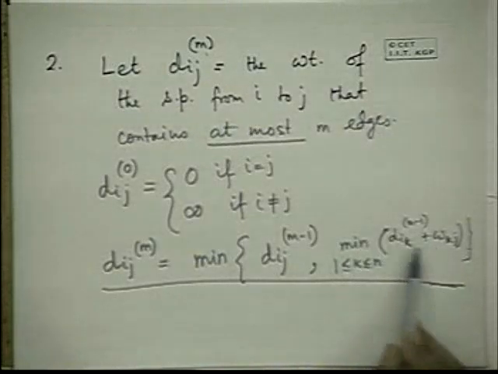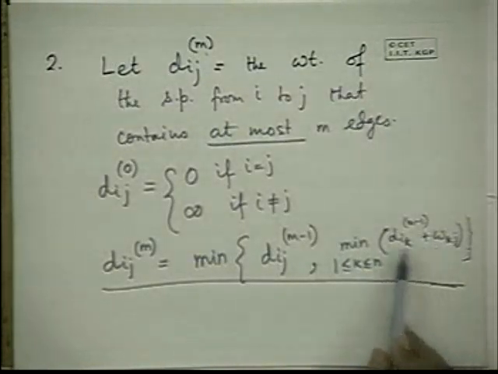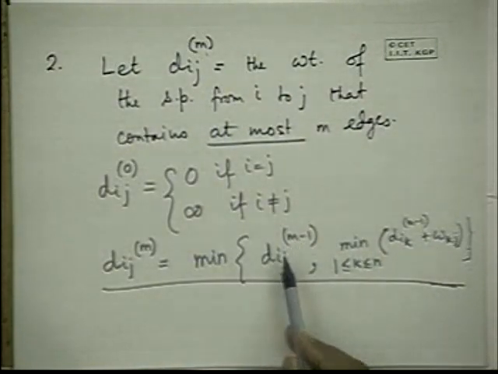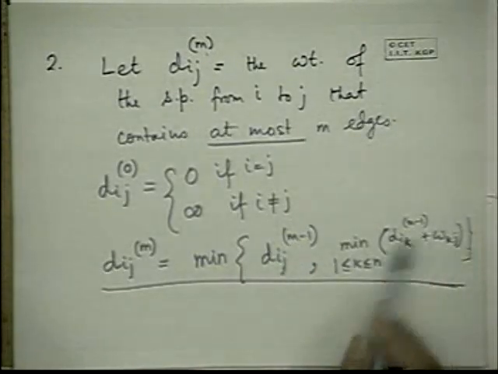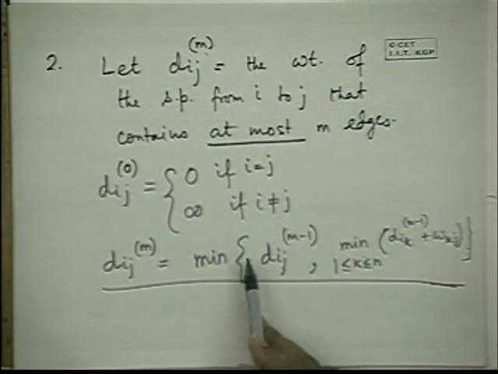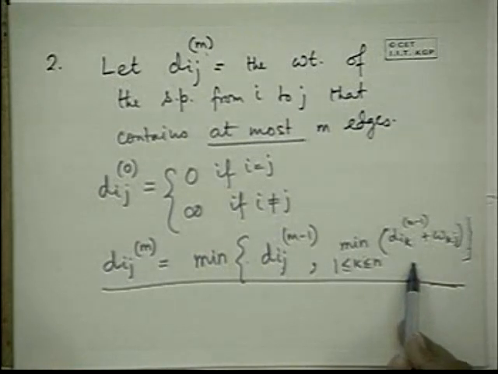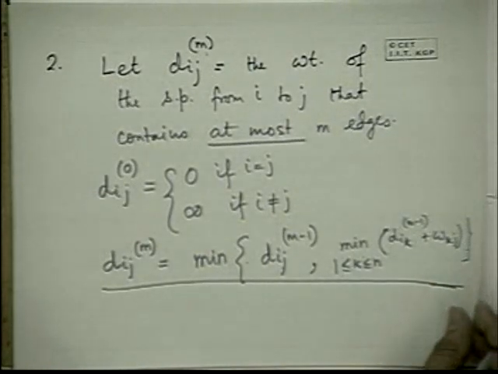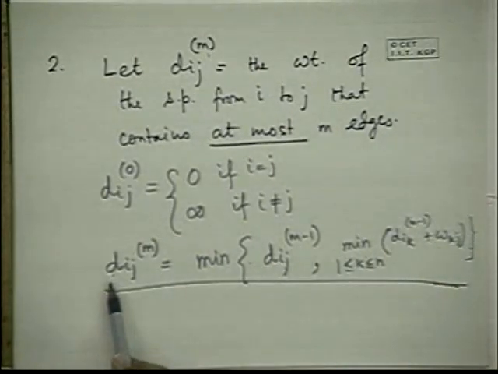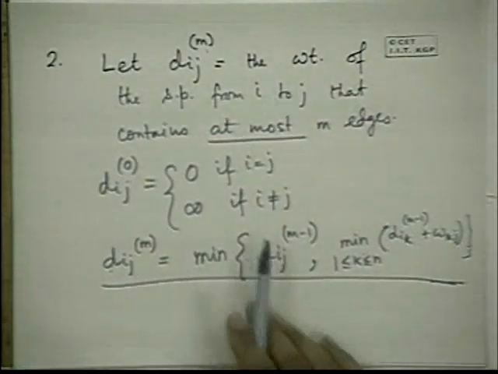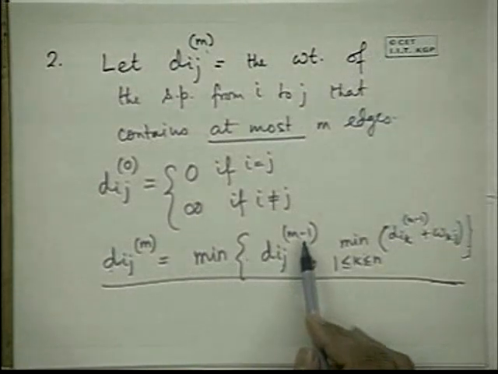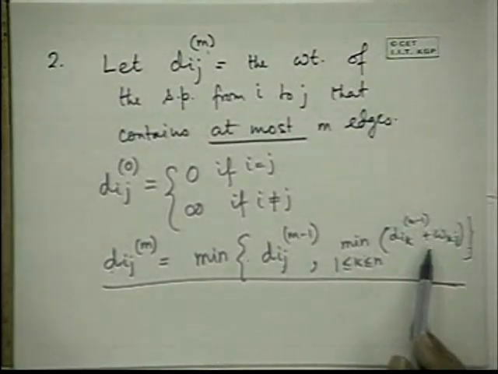This is assuming that you need to go through at most m edges. Maybe the previous Dij m minus 1 is already better than all this. So you take the minimum of this one and this one, which definitely has to be equal to Dij m. Your Dij m is either equal to Dij m minus 1 or the minimum of this.